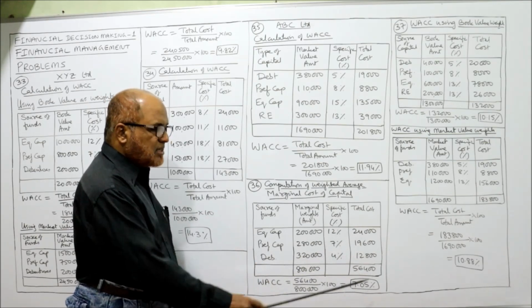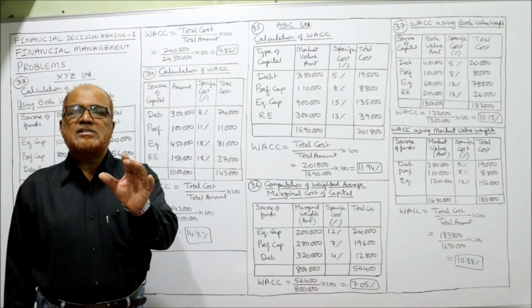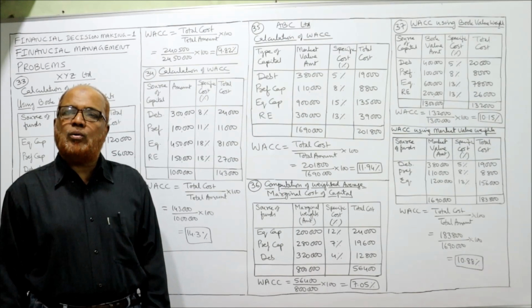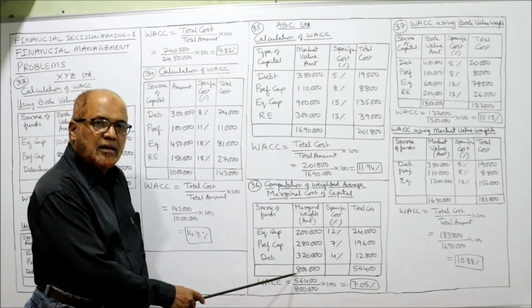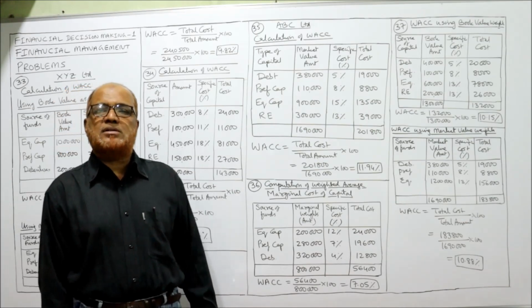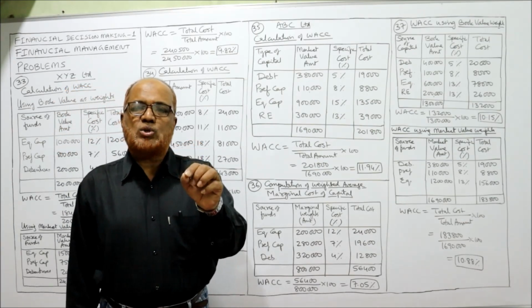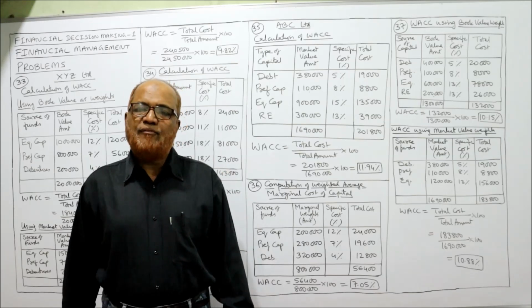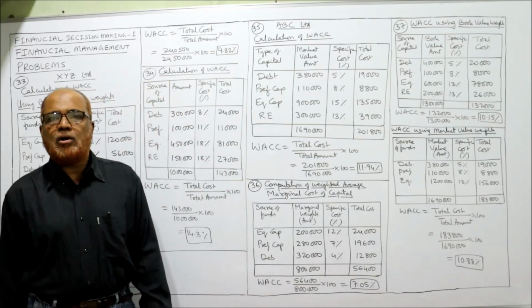Take the total, 56,400. 56,400 is the total cost divided by total amount. Total amount is 8 lakh. So 56,400 by 8 lakh into 100, 7.05%. This is the weighted average marginal cost of capital.